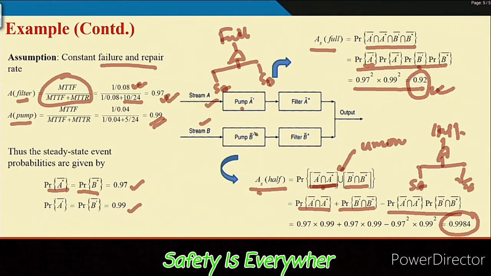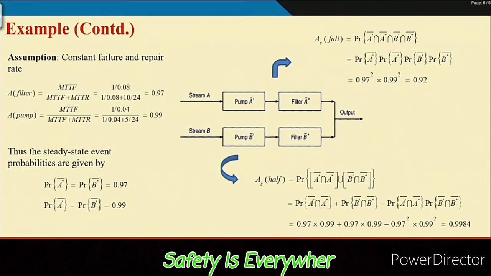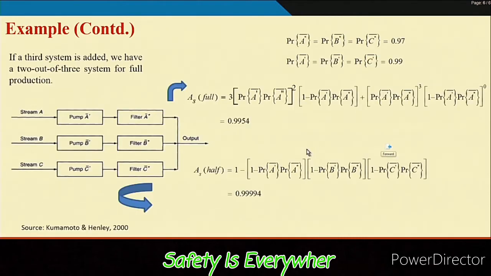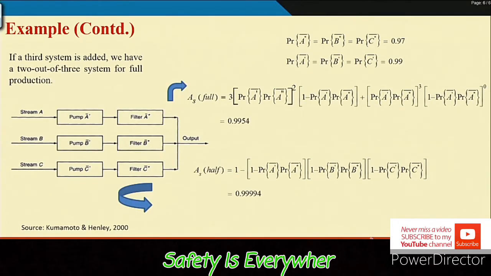We will see the same thing, how to calculate that A is full and A is half for the second alternative or second choice, when we have three identical streams A, B and C. For three identical streams A, B, C, again as identical, that means the pump A, B and C, their availability or probability of successfully working is 0.99, and the filter A, B, C is 0.97.